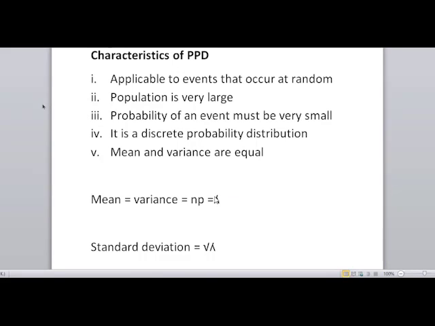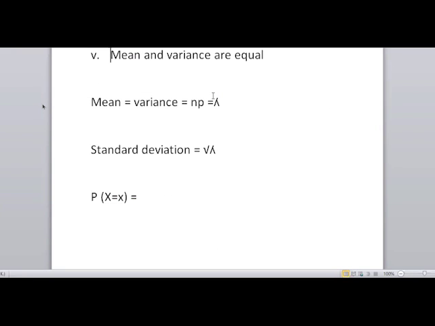As we do the calculation, you will see where we apply the lambda. Then the standard deviation is given by the square root of NP, or the square root of lambda.